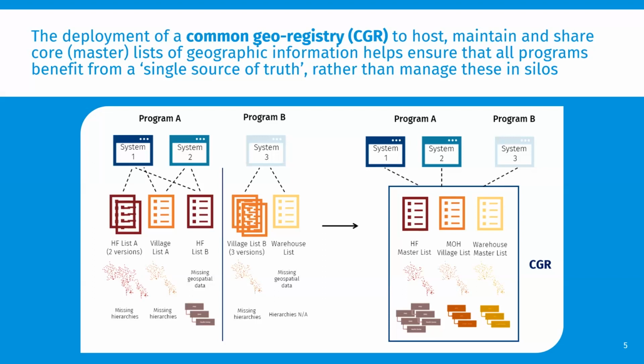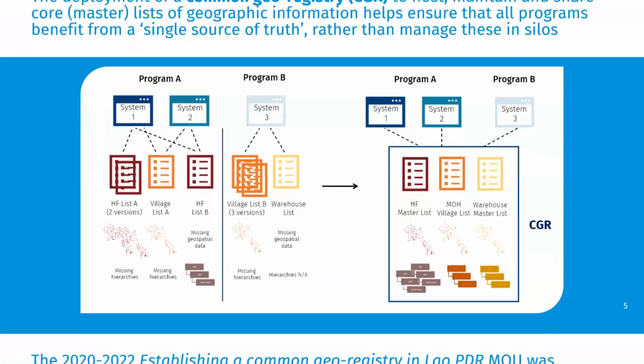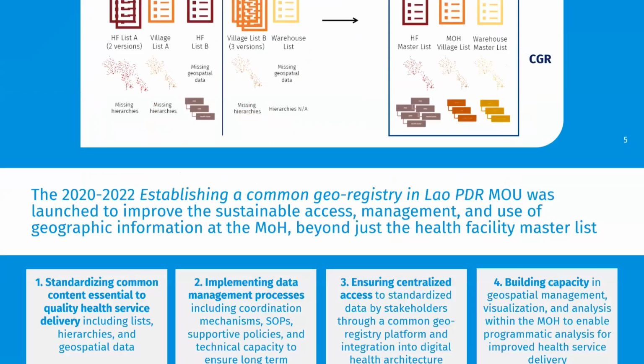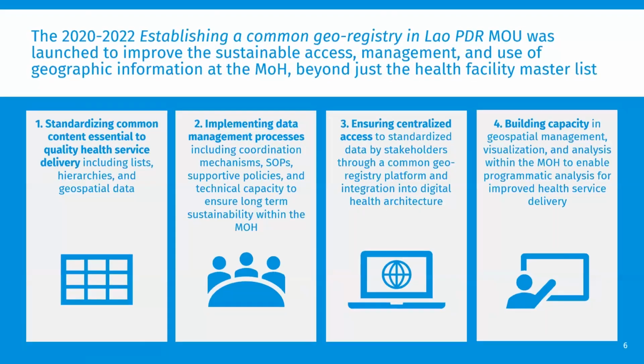This is where the Lao Ministry of Health partnered with CHAI back in 2020, up until now. At the time it was the Department of Planning and Cooperation we worked with, and now all things digital health are being transitioned to the Center for Health Statistics and Information.